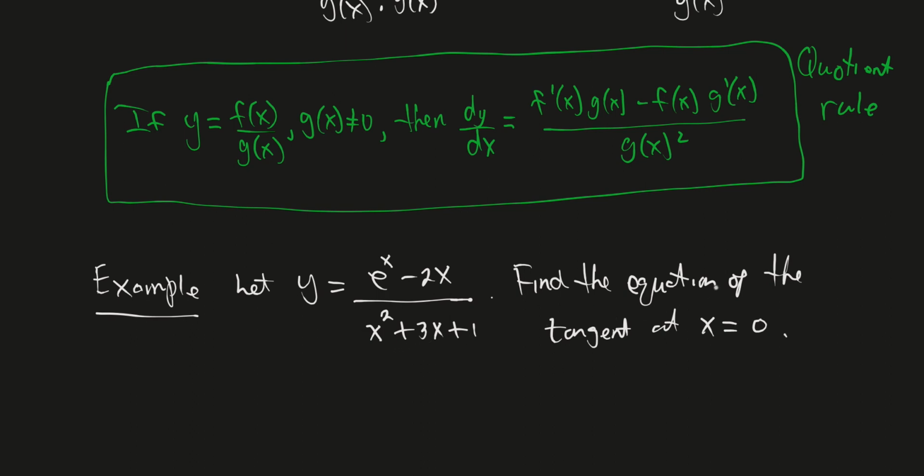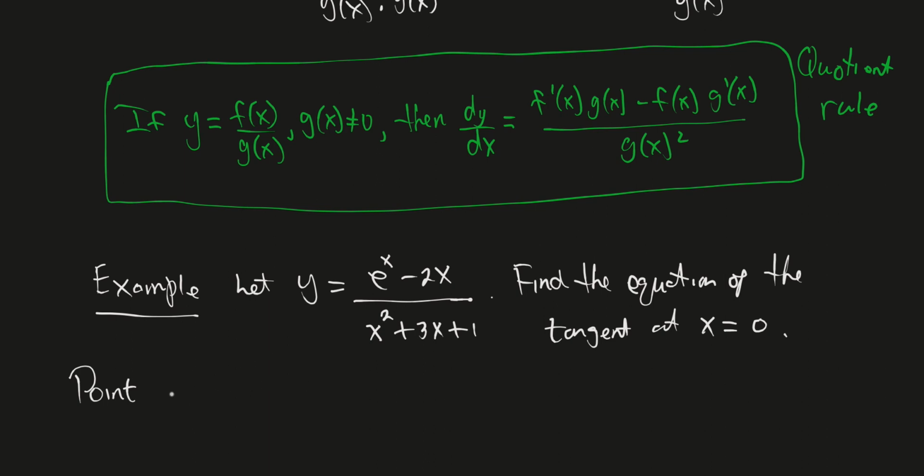Now, if we're going to find an equation of the tangent line, there are two things that we need. We need the ordered pair that the tangent line is going to pass through, and we need to know the slope at that point, right? So the ordered pair, the point, that's pretty easy, because if I know the x value, I plug it into the original function, and that will give me the y.